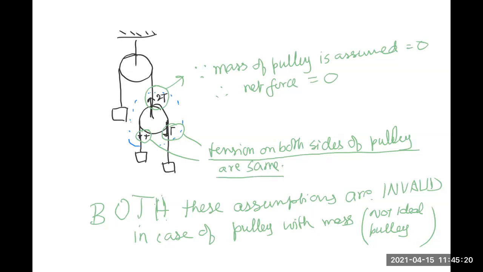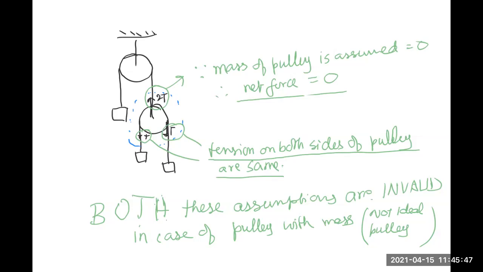And this means that the net force on the pulley may or may not be equal to zero. That means the pulley may have an acceleration of its own now because the pulley has mass. So instead of writing 2T, now the situation will be that you will be writing here.